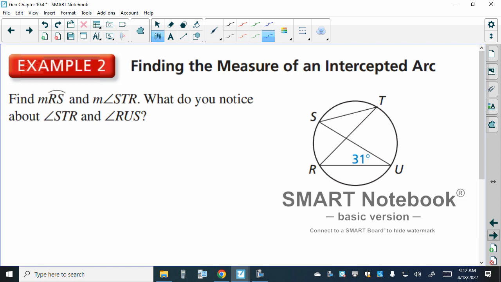So find the measure of arc RS, and then we want to find the measure of angle STR. Let's find the measure of RS first. Well, how would we find the measure of arc RS?